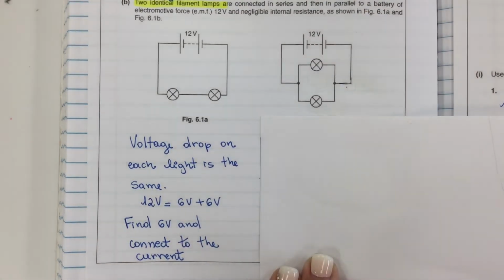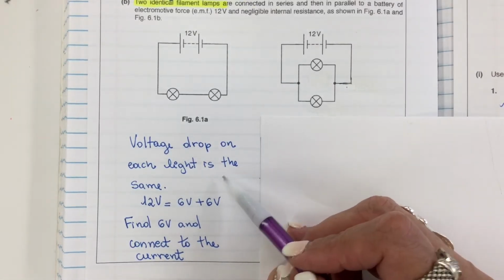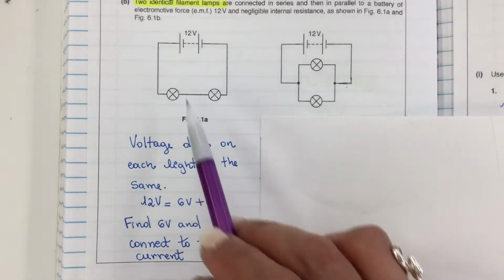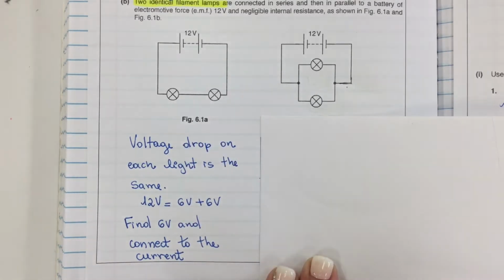So we can say that the voltage drop on each lamp is the same, which is 12 volts, will be 6 volts here and 6 volts here.